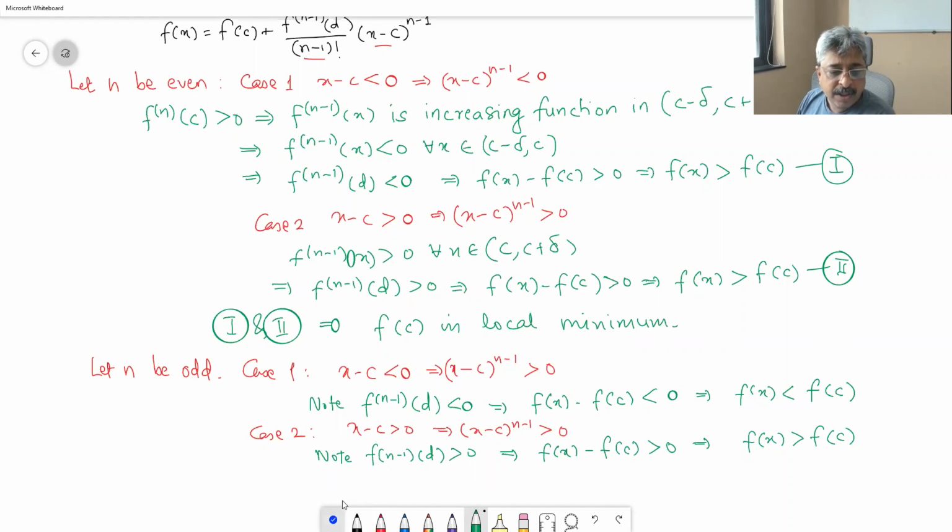And f dash of c is equal to 0 implies, what does it imply?